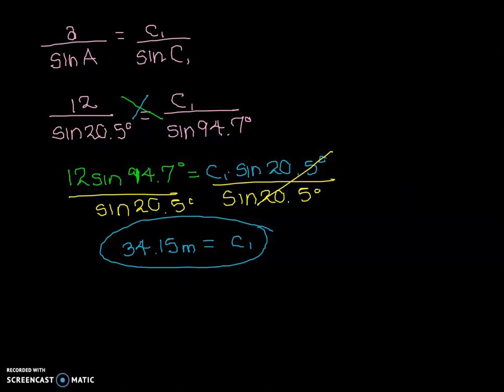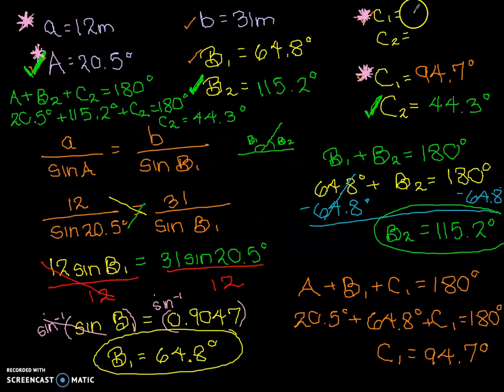And last but not least, I'm going to go back for a minute. So we're solving for the side C sub 2. I have the angle C sub 2, so you could either set it to B over sine of B sub 2, or I prefer to set it over A over sine of A just because it's given.